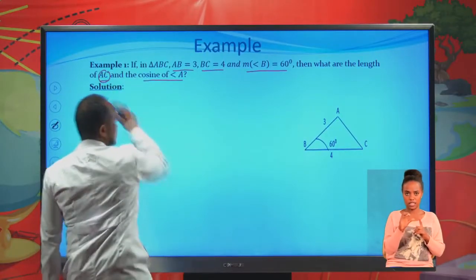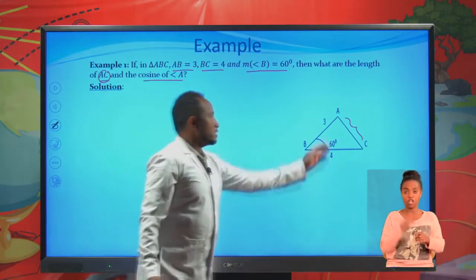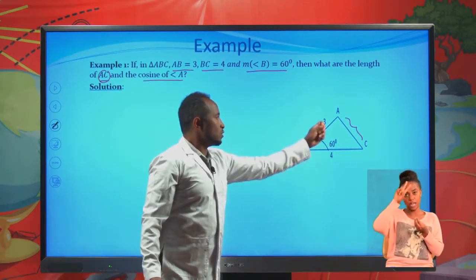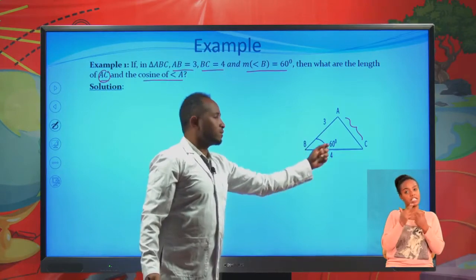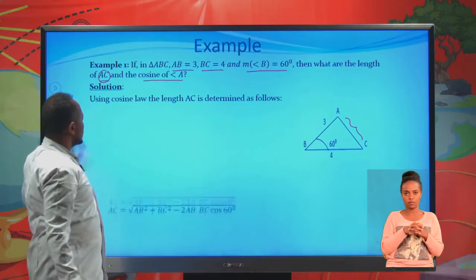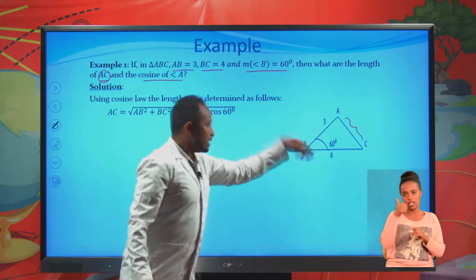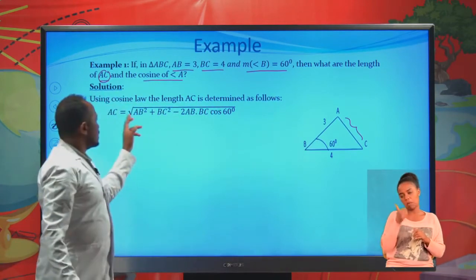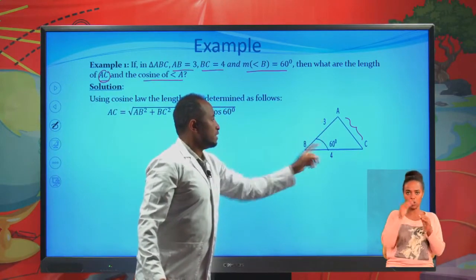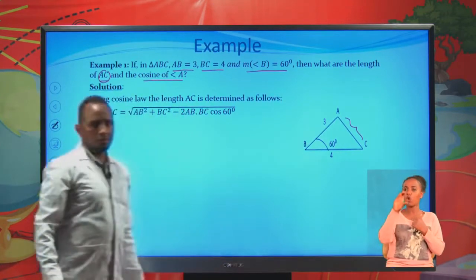So to find AC, using cosine law, AC squared is equal to 3 squared plus 4 squared minus twice of 3 times 4 times cosine of 60 degrees. So AC is equal to the square root of AB squared plus BC squared minus twice of AB times BC cos 60 degrees.